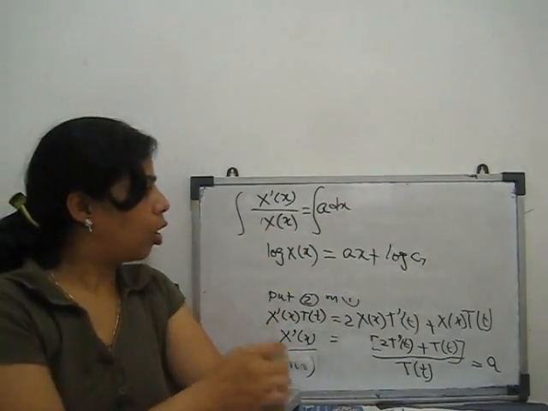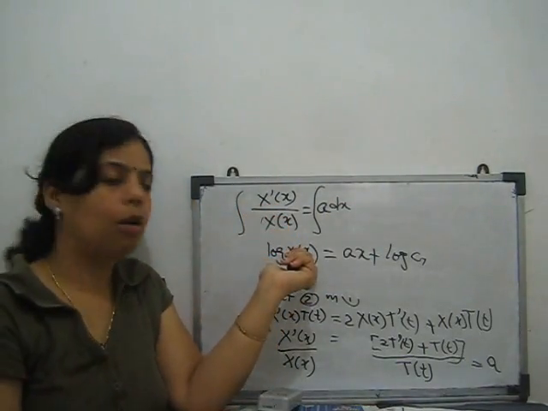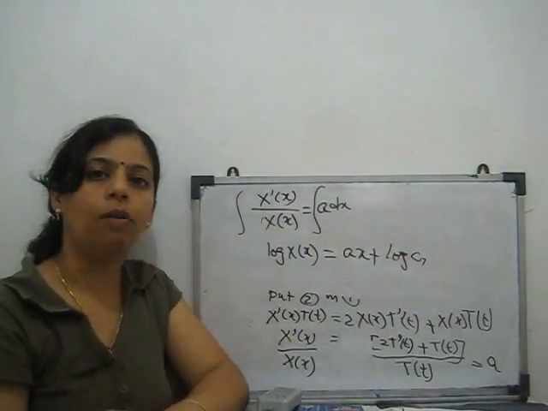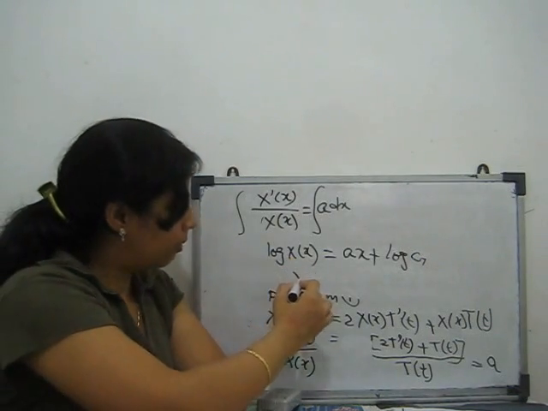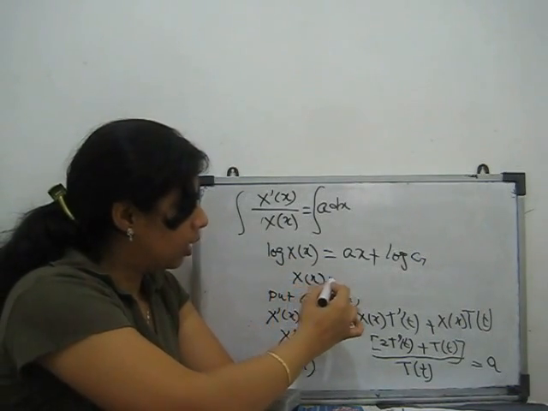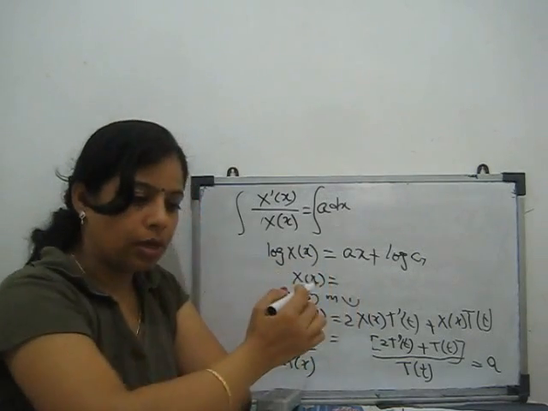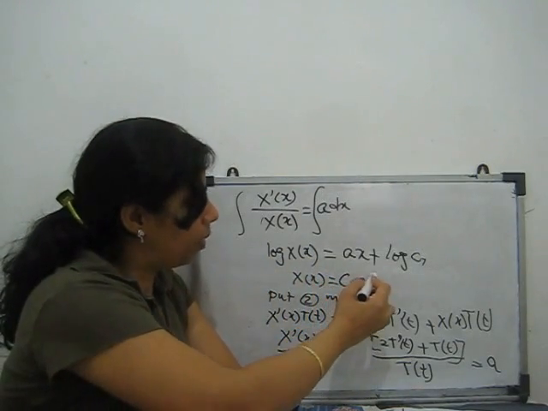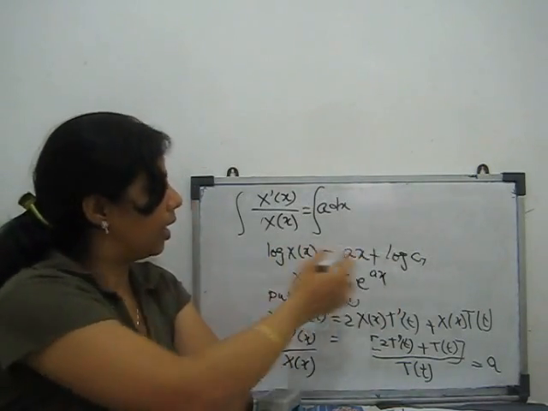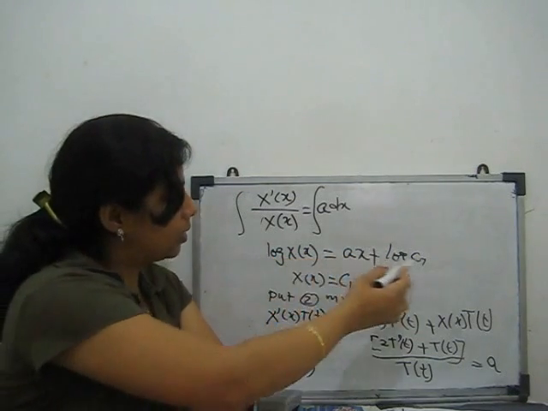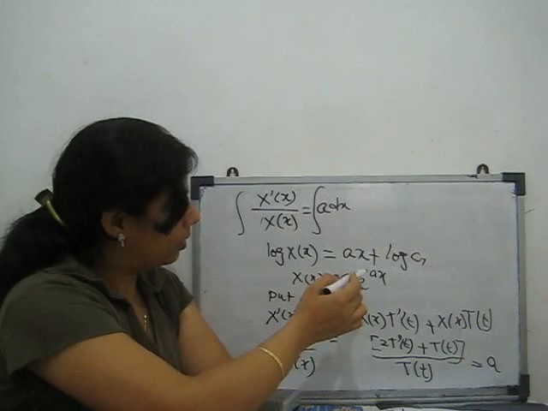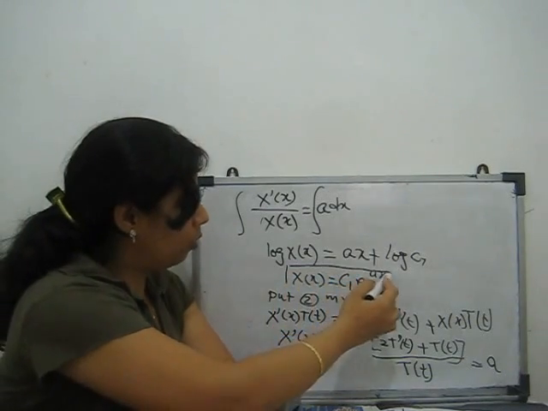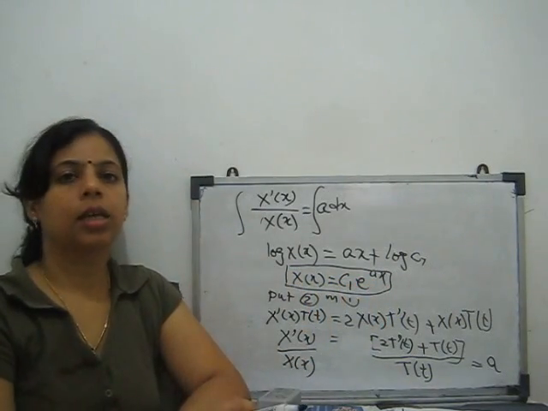So log X equals ax plus log c1. When we simplify it and take the antilog, we get X equal to c1 e^(ax).